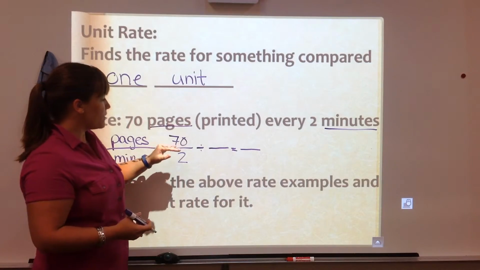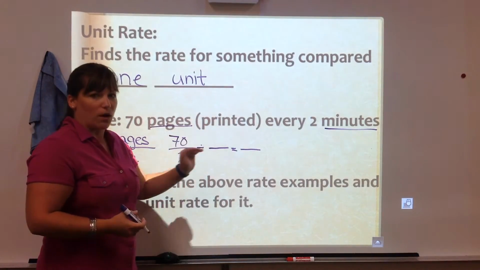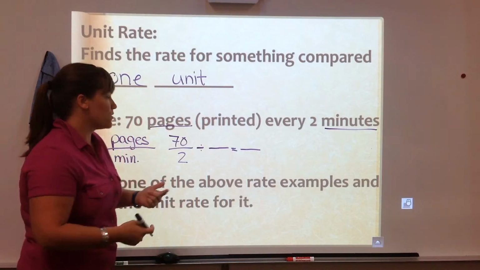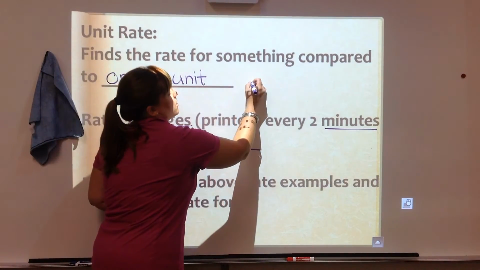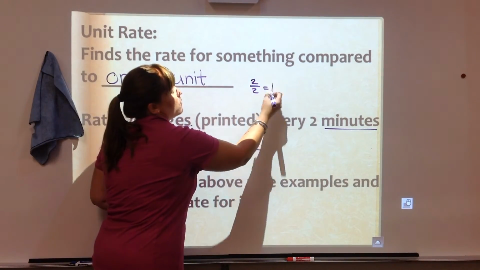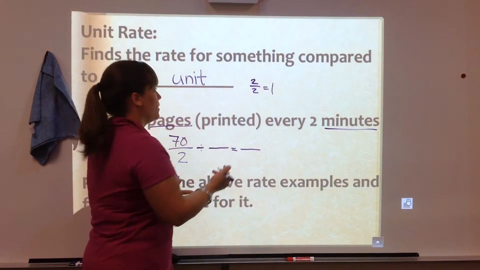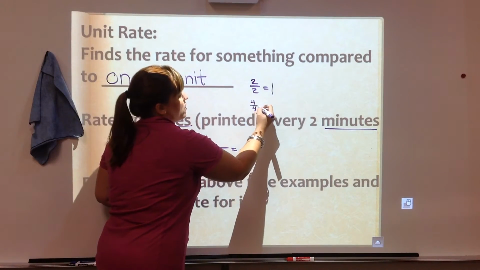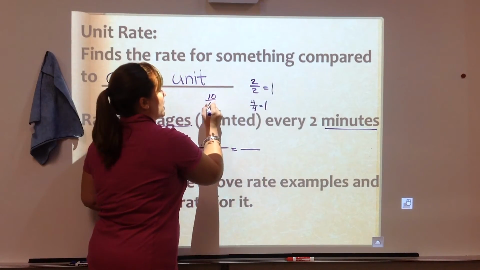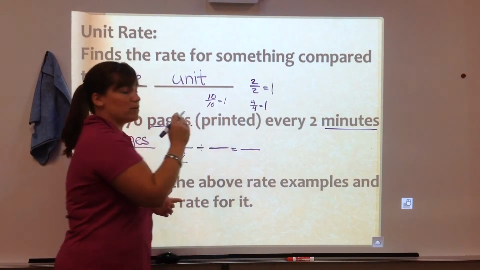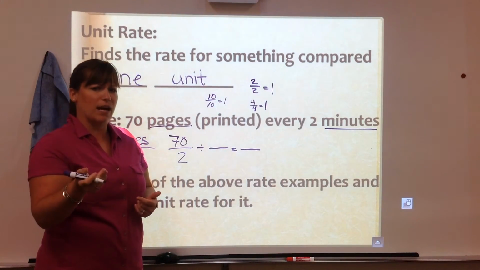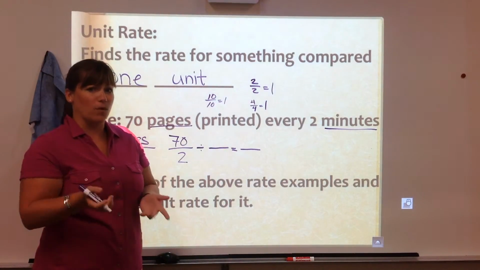So we want to divide by a form of 1 that is a fraction. So let's just say 2 over 2, or 2 divided by 2 is 1. 4 over 4 is 1. 10 over 10 is 1. So when you're doing those arrows to divide, you're dividing by a form of 1.